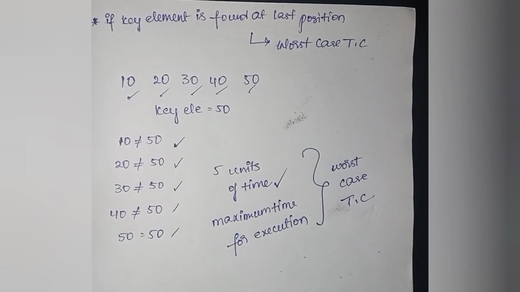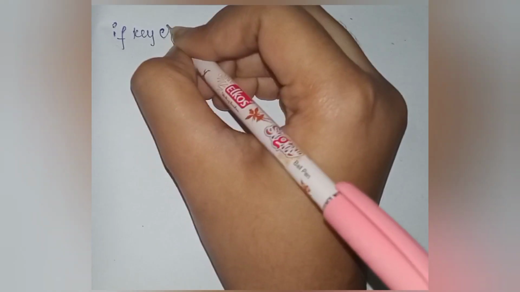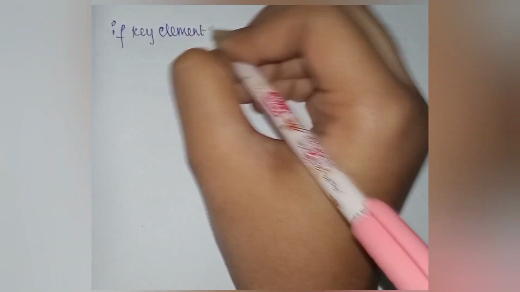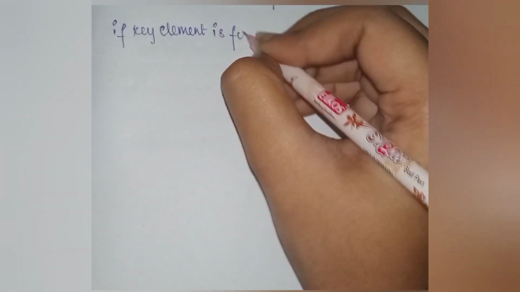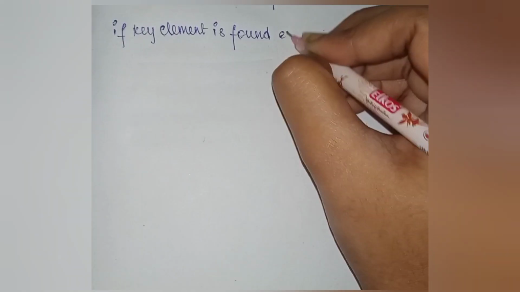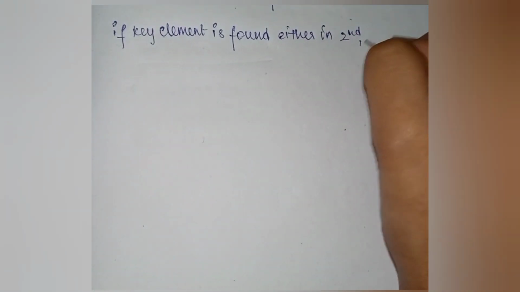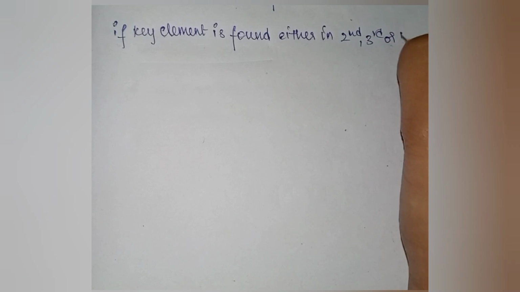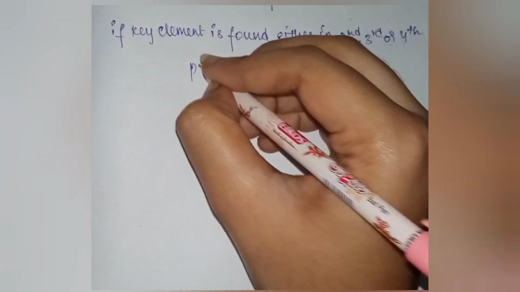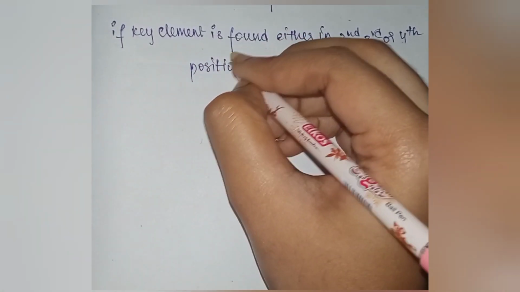So now let's see what is an average case time complexity. Average case time complexity means, if key element is found either in second, third or fourth position, then it is called as average case time complexity.